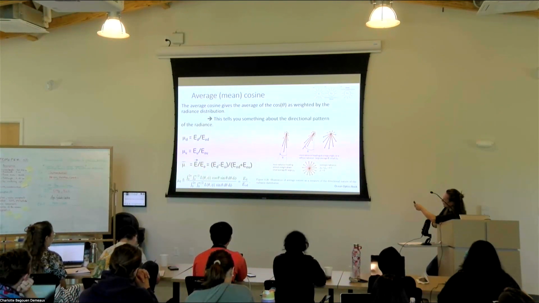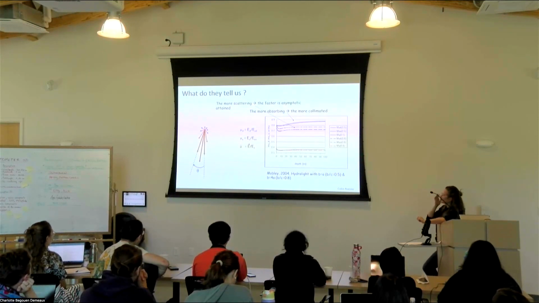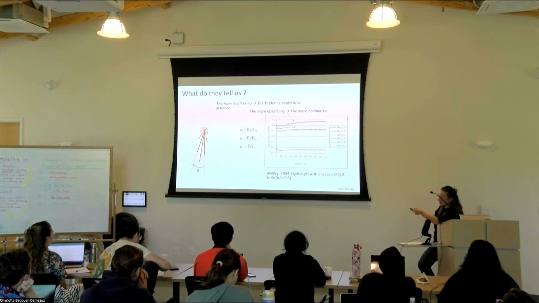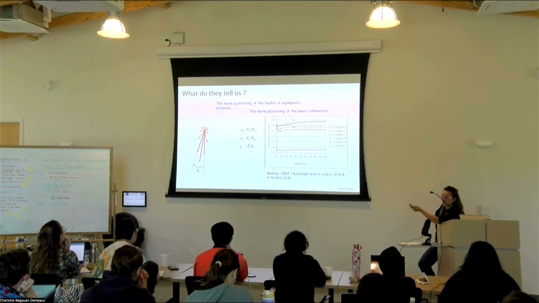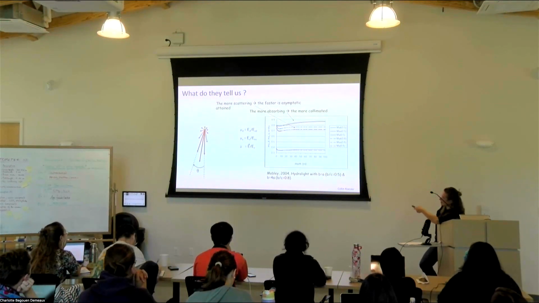Okay. And like I said, I didn't understand what was the point of average cosines at first. They tell us two main things. They tell us information about if the medium is scattering or absorbing, and again, this is a slide I stole from Colin.